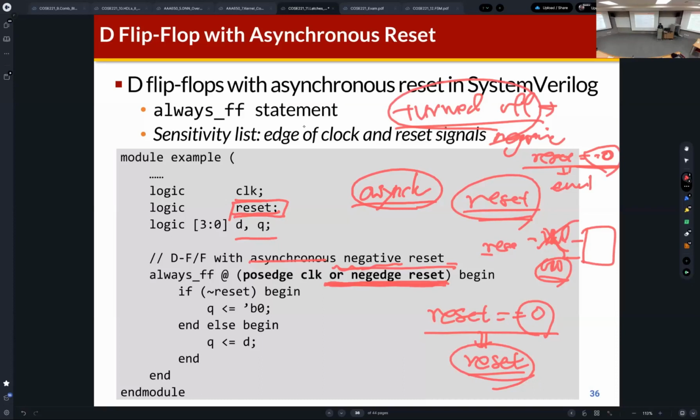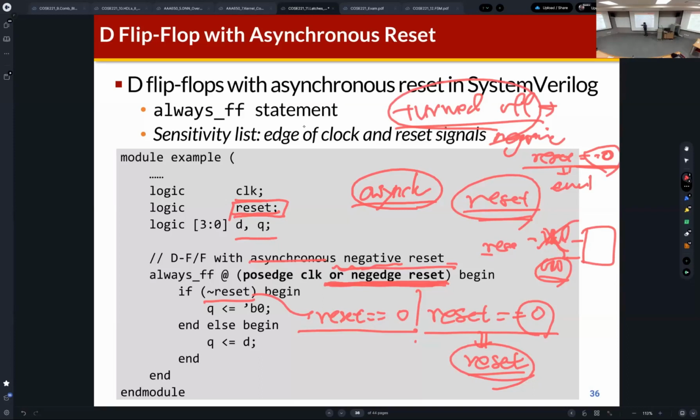If inversion of reset, that means that if reset is 0, because you can find the inversion here, so if the reset signal becomes 0, then Q becomes 0. So this is the reset behavior of this flip-flop with asynchronous negative reset. Understand?